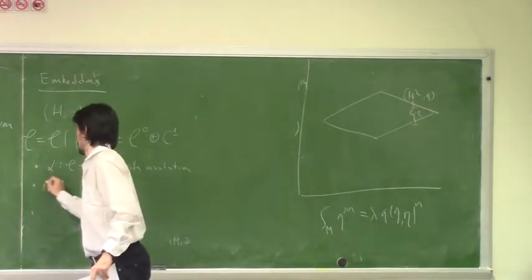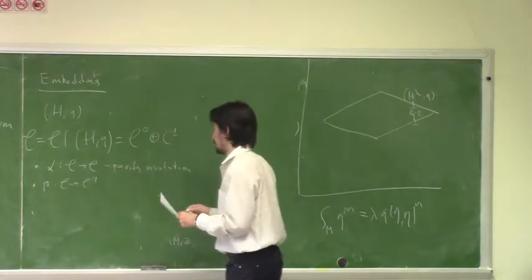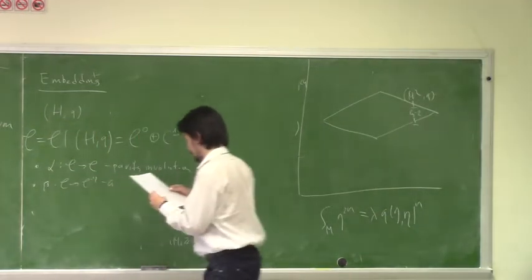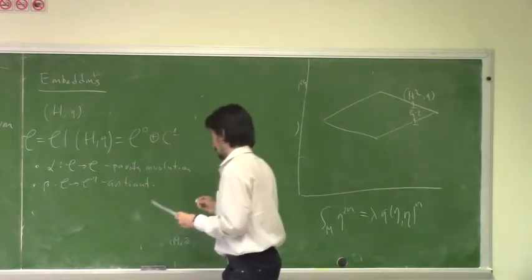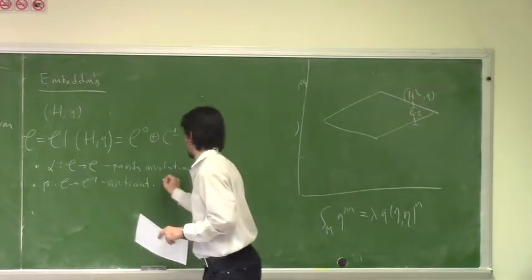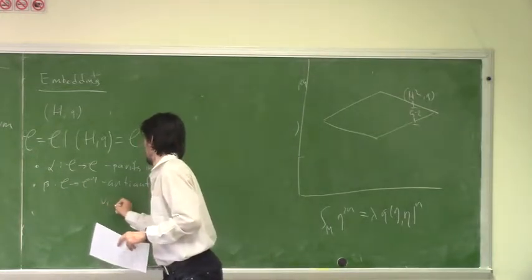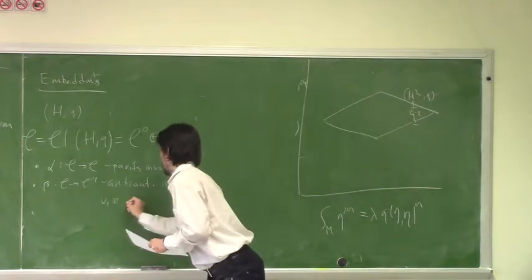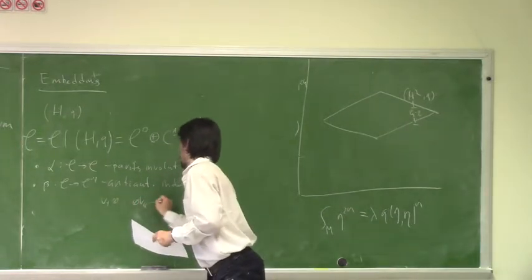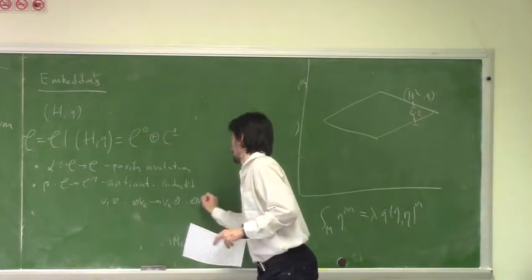And beta from C to C opposite is an anti-involution induced by the form: v1 tensor through vk goes to vk tensor through v1.